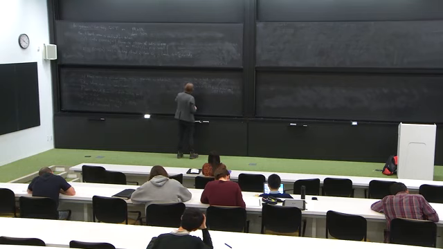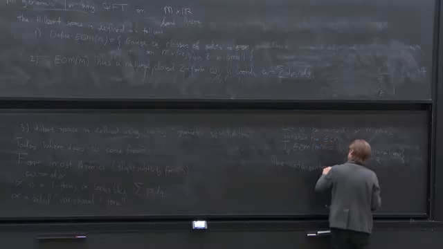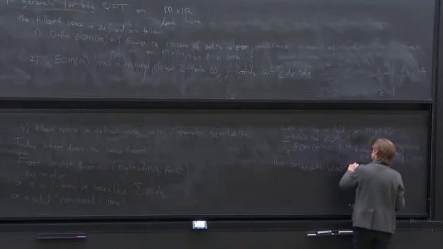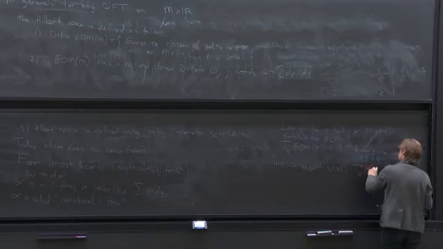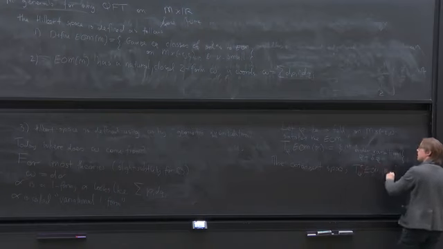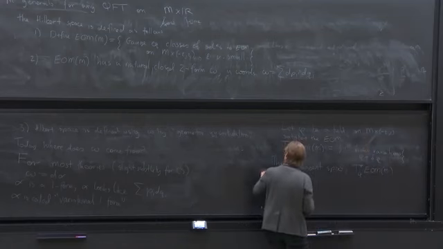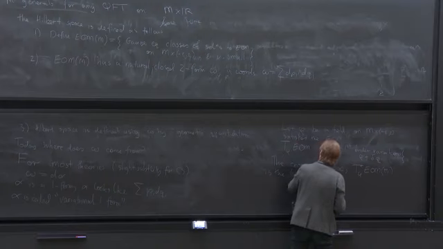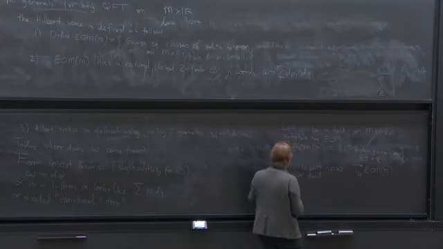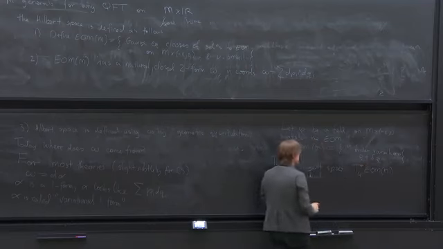The cotangent space is the linear dual. So an element of the cotangent space is something which takes a first order variation and gives you a number.